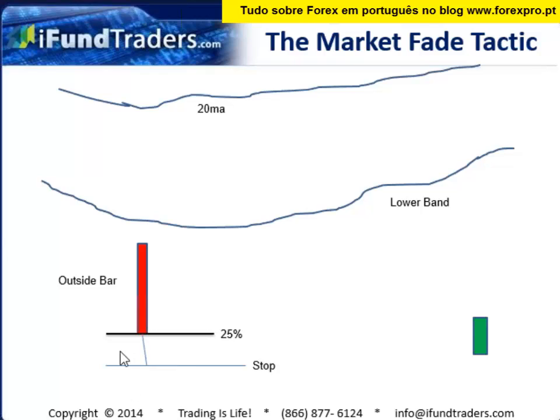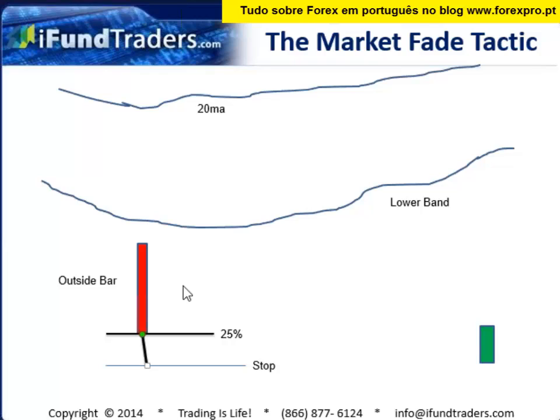This same bar came off the low and gave us a 25% retracement. So you can have the next bar achieve the 25% retracement, or the very same bar achieves it. I'm hoping that makes sense.